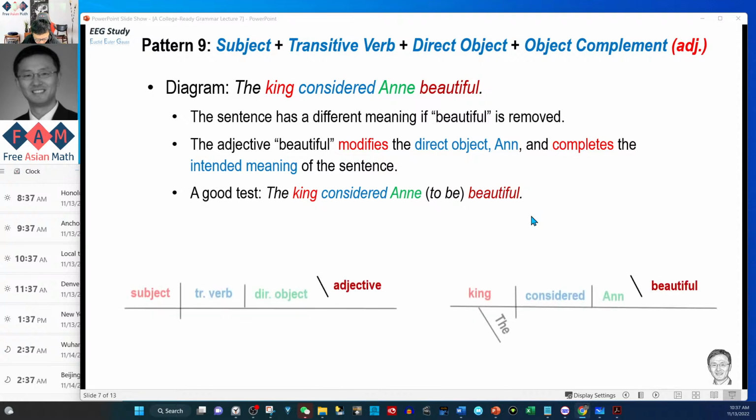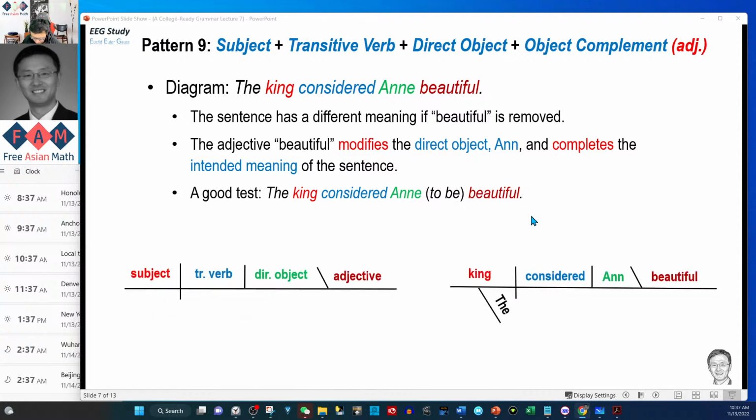Okay? The diagram of this sentence is different. Now we see something we have never seen before. Now we add the fourth slot to the main line, above the main line. So in this case, we will have king, which is the subject, considered, which is the transitive verb, and Anne, the direct object of the transitive verb.